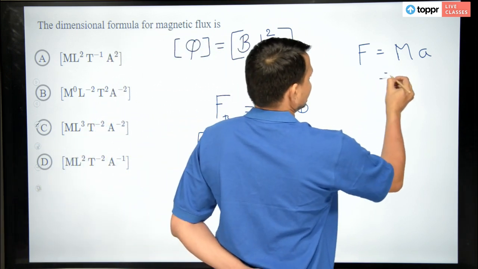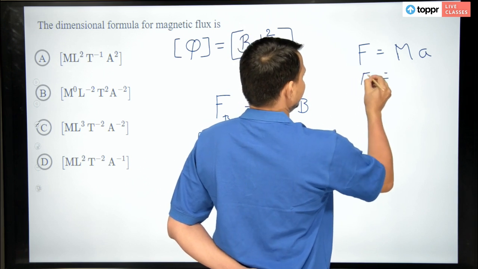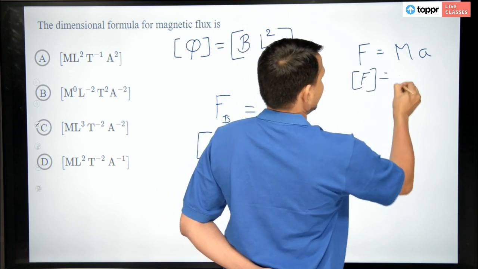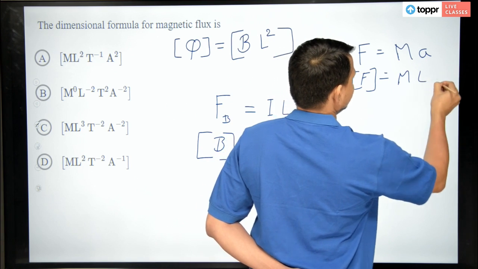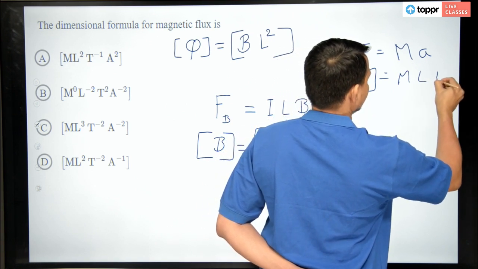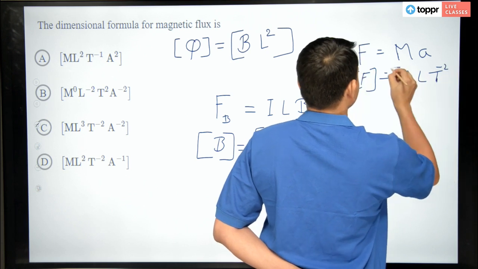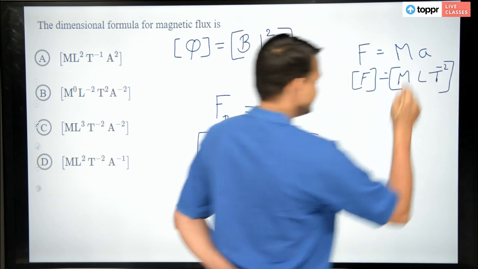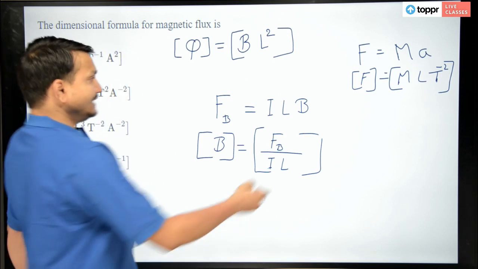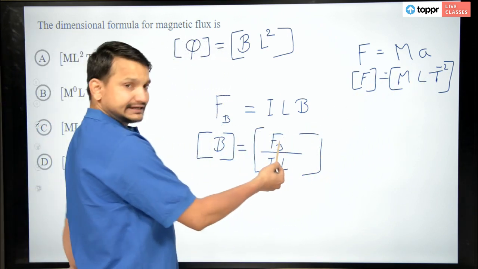So its dimension would be M L T inverse square. We can put it here.